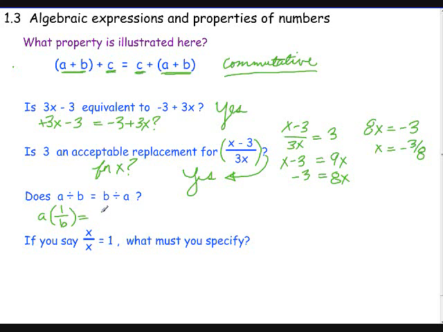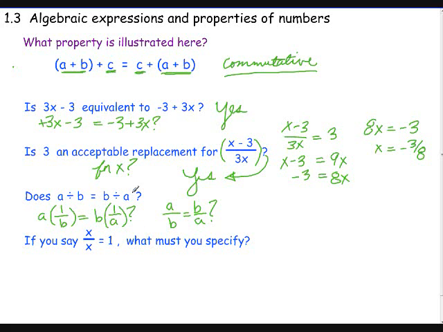Does that equal, stay with B, change to multiplication, take the reciprocal of A? It might be a little clearer if I wrote it like this. Is that true? Well, we probably could use numbers that would make it true. So it could be true.